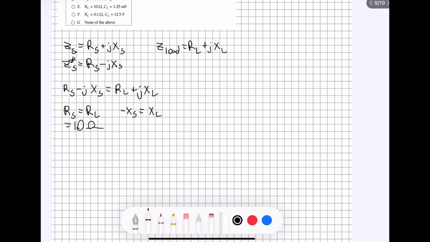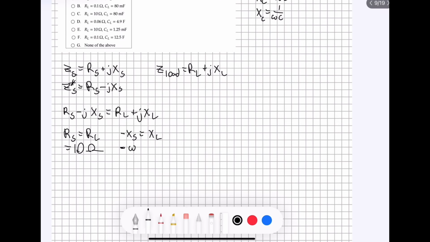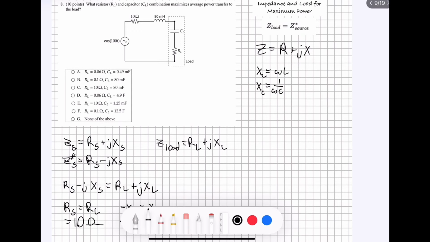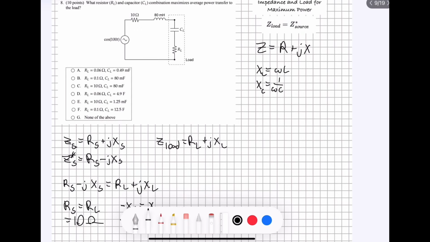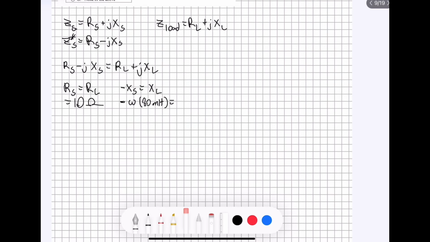So negative omega times L, which in this case is 80 millihenries, and right here we're given omega is equal to 100.